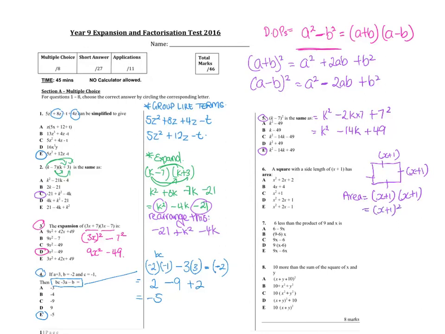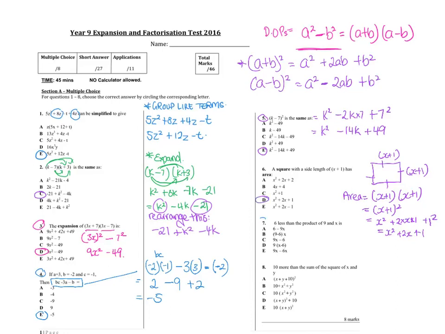So we have this pattern up here. If we were expanding that out, it'd be x squared plus 2 times x times 1 plus 1 squared. So that will be x squared plus 2x plus 1. So it's D.